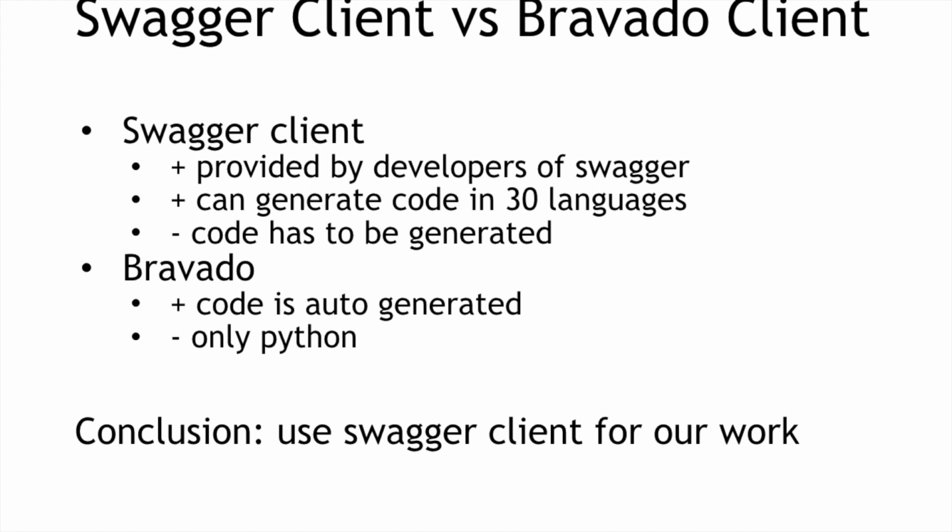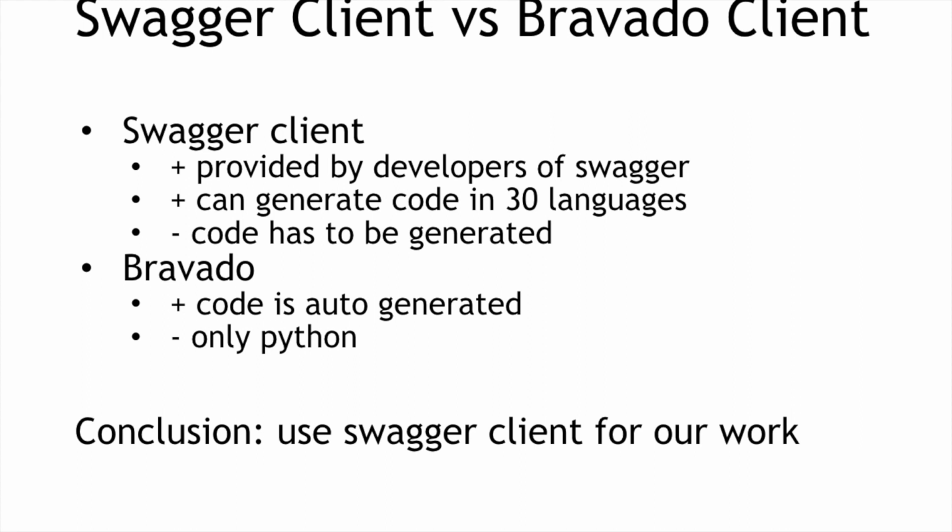Bravado, however, the code is auto-generated, so I don't have to modify the code. However, when I use Bravado, there could be naturally different uses occurring depending on what I've actually changed in my API. Another disadvantage actually is that it's only available in Python.